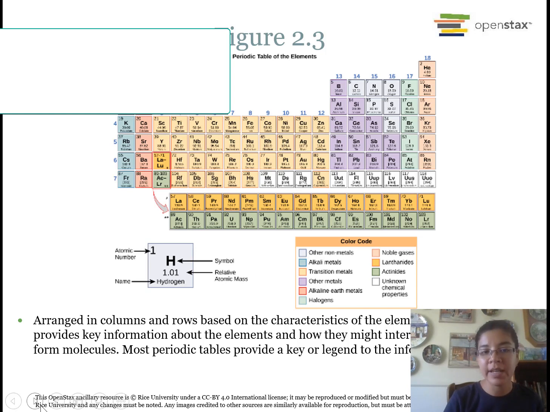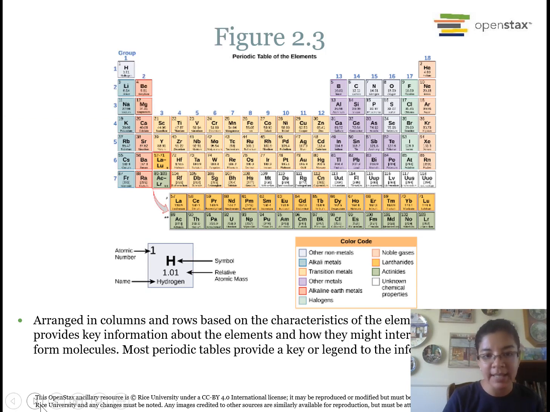If we start at group 1, they are the alkali metals, which include lithium, sodium, potassium, etc. Since they're in group 1, in the outermost orbital shell, they only have 1 electron. That's their valence shell, 1 electron. Group 2, beryllium, magnesium, calcium, have 2 electrons in the outermost valence shell. These are known as the alkaline earth metals.